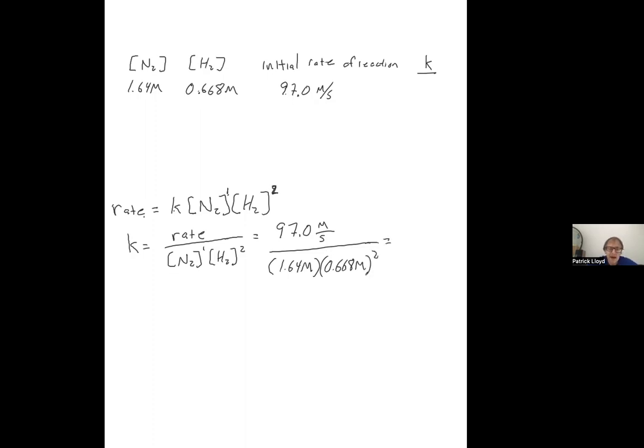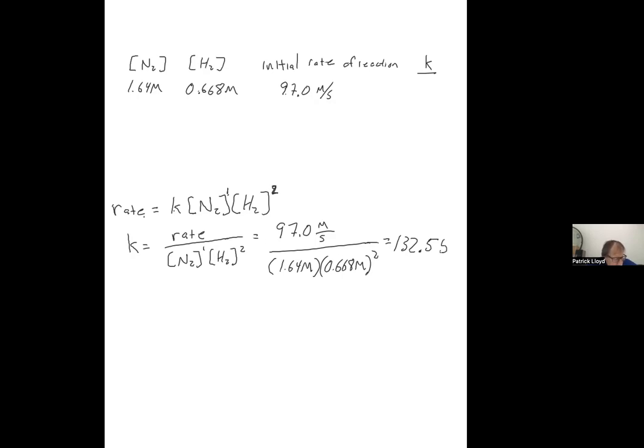Now, in order to do this problem, I'm just going to plug the numbers in. 97.0 divided by 1.64, and then I'm going to divide it by 0.668 squared. And you get 132.5. I'm going to leave an extra couple digits in there, 132.55.